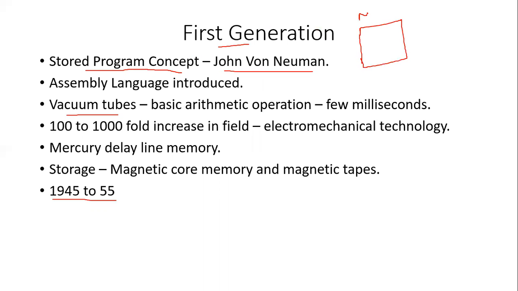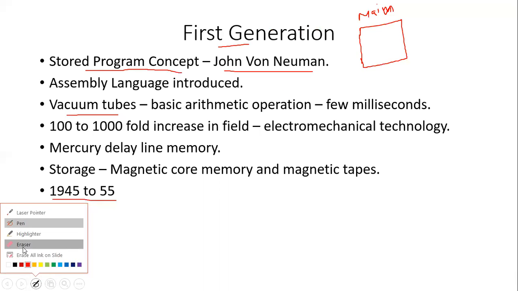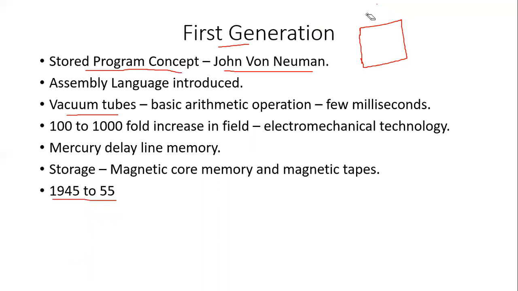There will be a main memory, and in this same main memory, both the program and the data will be stored. Before this concept was introduced, computers used two memories. One was used to store only programs, and the other memory was used to store only data.